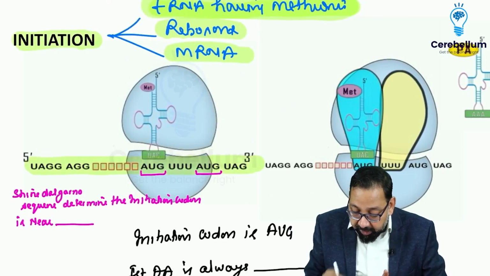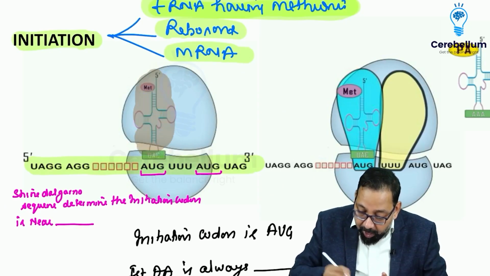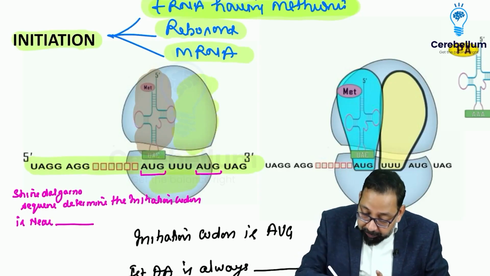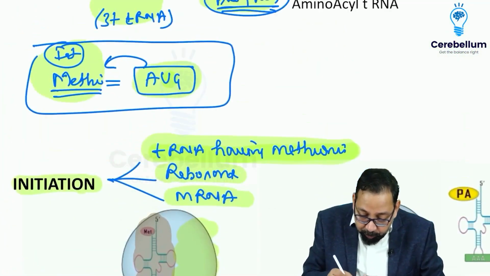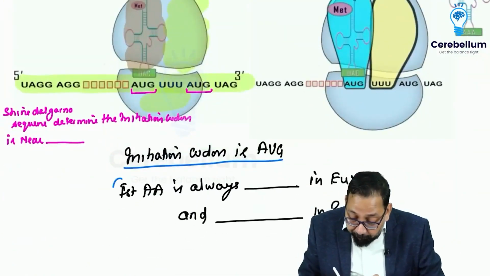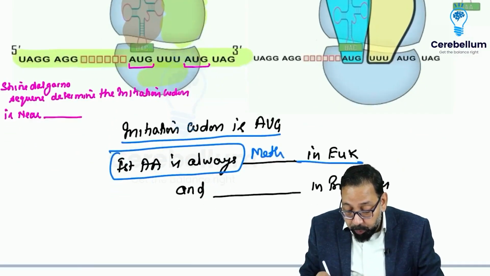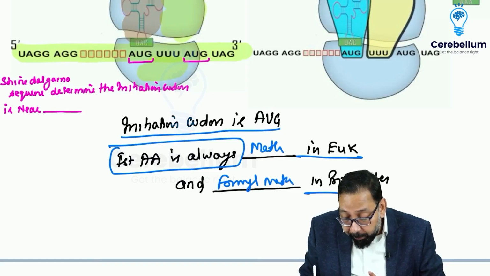This is messenger RNA. This is transfer RNA having methionine, and this is ribosome. So a question is asked, initiation codon is AUG. Yes, I told you the methionine codon is AUG. Initiation codon is AUG. And the first amino acid is always methionine in eukaryotes and formyl methionine in prokaryotes.